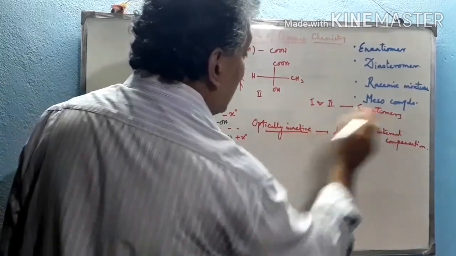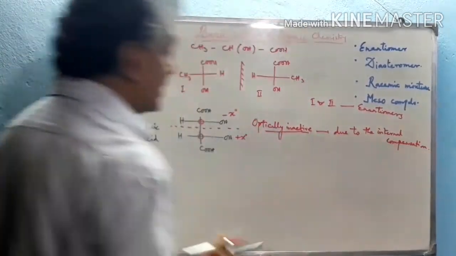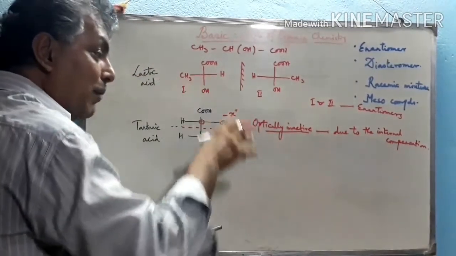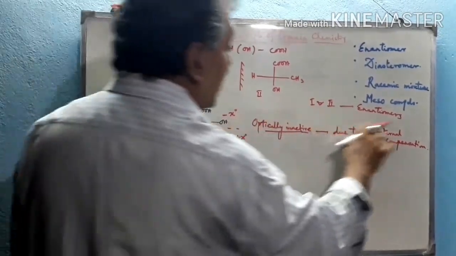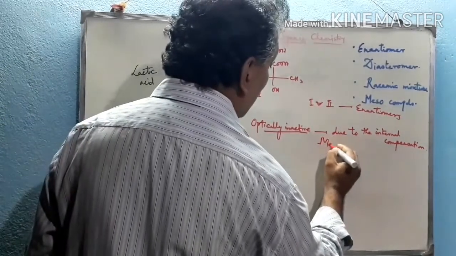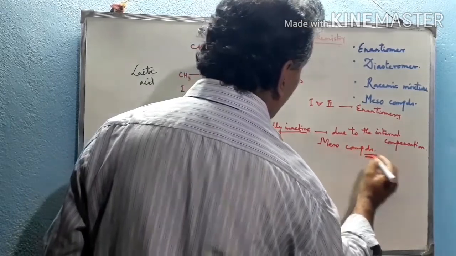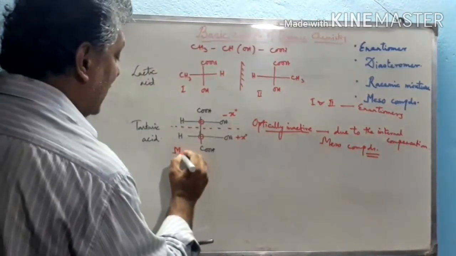Hence we can say that optical inactivity is due to internal compensation. Both carbon atoms rotate the plane polarized light, but internally they compensate each other. Such compounds are called meso compounds. So this is meso tartaric acid.